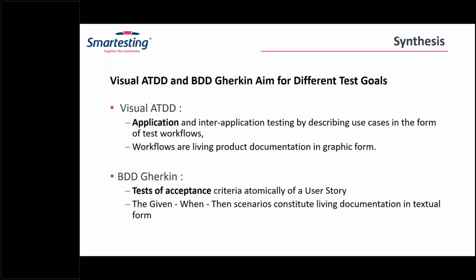So which approach to choose, visual ATDD or BDD Gherkin? Well, I reiterate this quite a bit so that I drive home this point really well. The answer obviously depends on your context and your goals in implementing the agile testing practices. If your context is that of business information system applications with business workflows to define, implement and test, then the visual ATDD approach is relevant because it allows you to involve business oriented roles in concrete discussions on the examples of application paths.